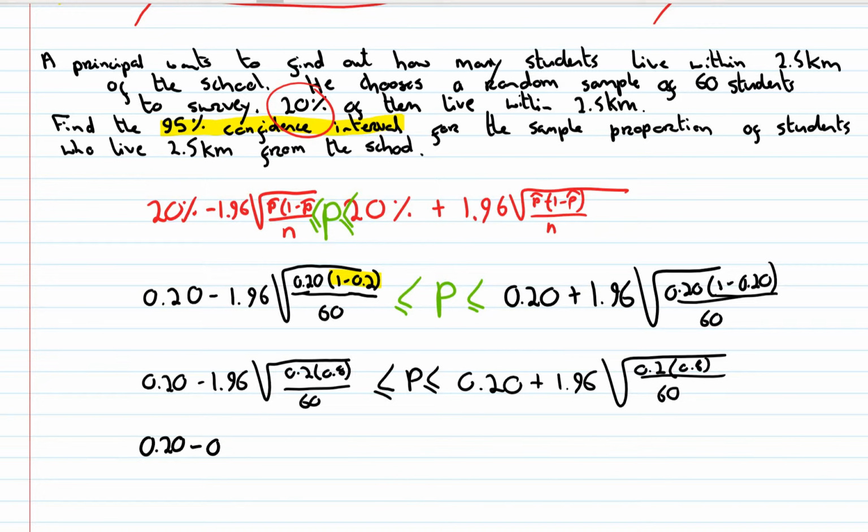Right. So lastly then, if we just work this out, we'll have 0.20 minus 0.1012, and the real proportion, the real population, will be bigger than that, but it'll be less than this, and again it'll be 0.1012.